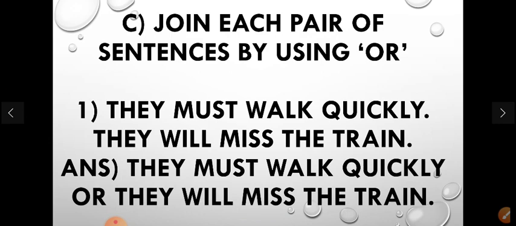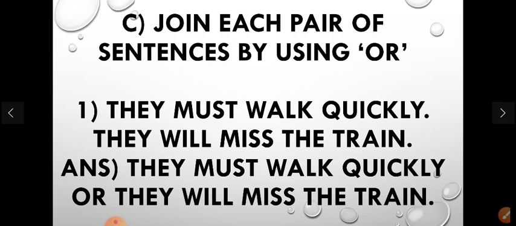They must walk quickly or they will miss the train. Remove the full stop after quickly and use or there. They must walk quickly or they will miss the train.